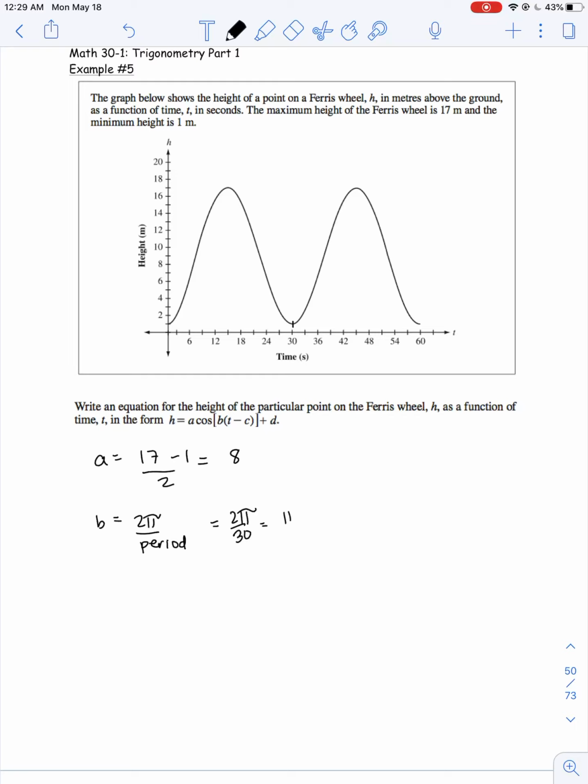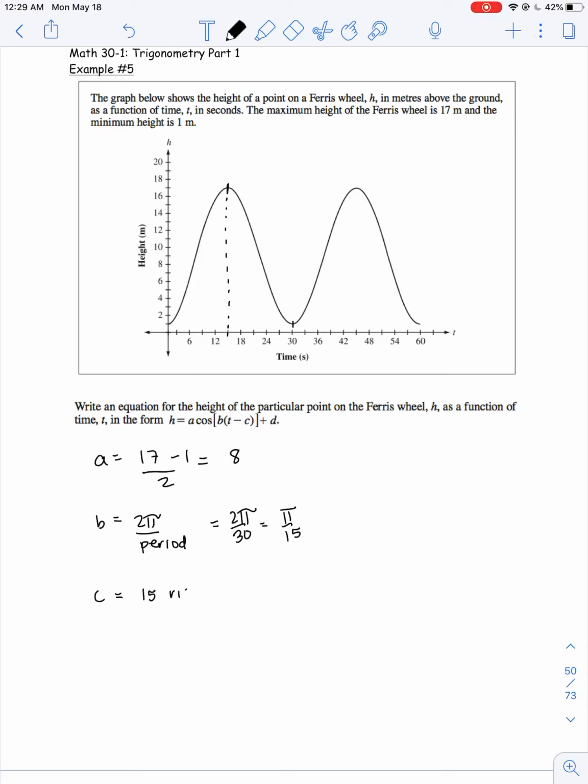So I'm going to write 2 pi divided by 30, and I would simplify that to pi over 15 for B. Our C value, I prefer cos, because with cos you just have to look at the closest maximum and then line that up to see where it's moved to. So I know that it's moved, halfway between the values, I would say is 15.